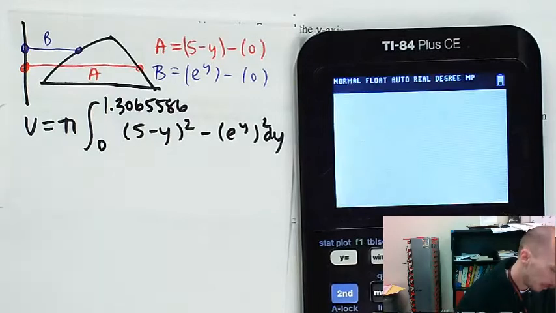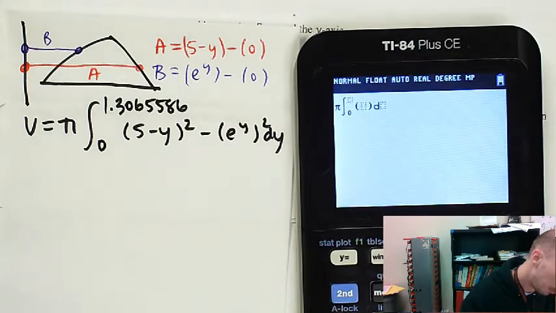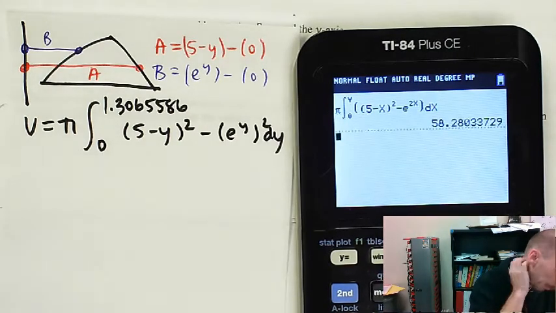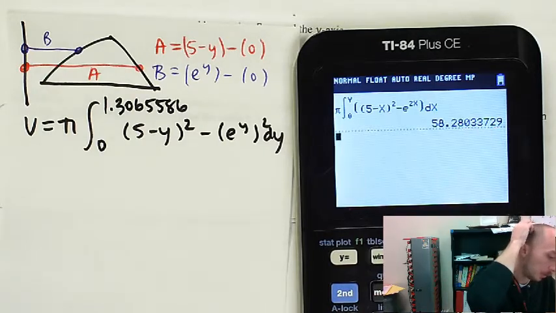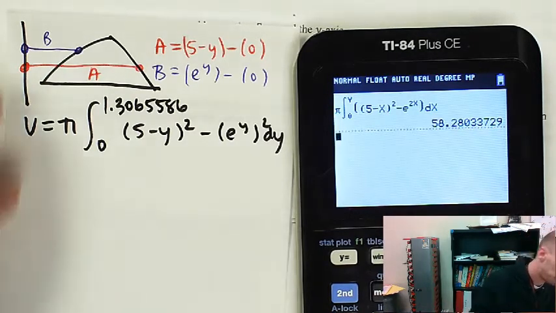And so I'll type that in, pi times the integral from 0 up to y of (5 minus y) squared minus e to the 2y dy. And I get 58.280.